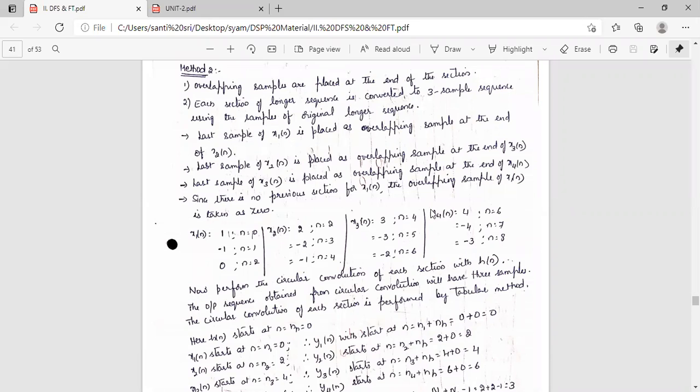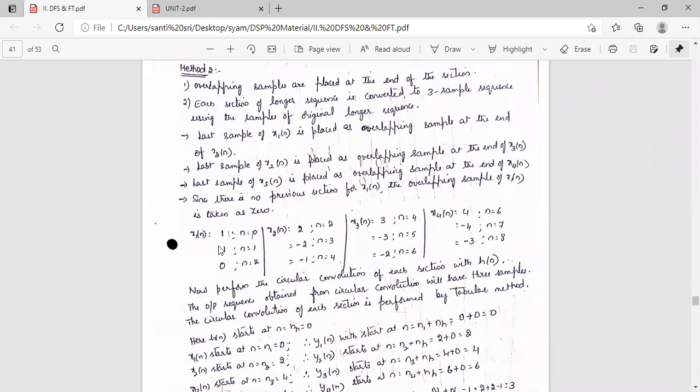Whereas in method 1, the third sample is the first sample of the next section. For method 2, the third sample of the second section is nothing but the second sample of the previous section.